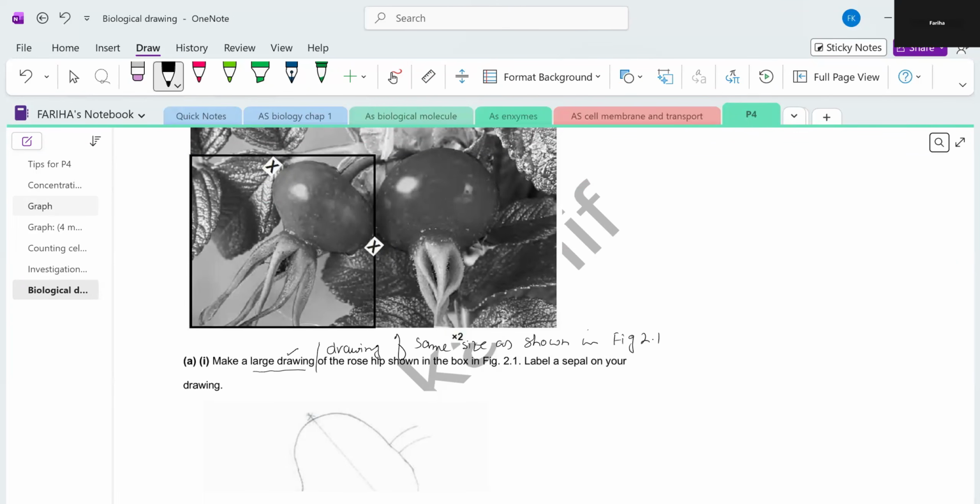If the examiner asks you to make a drawing of the same size as shown in figure 2.1, it should be of the same size.